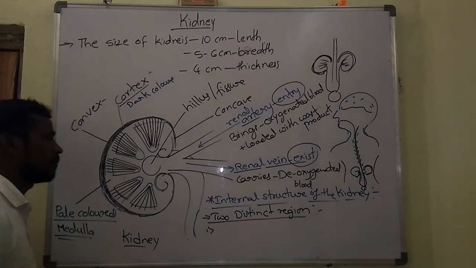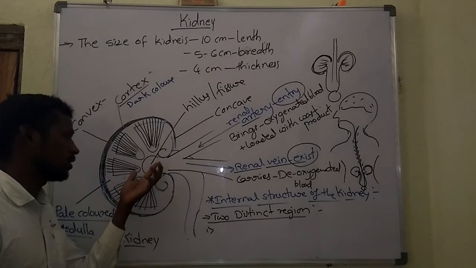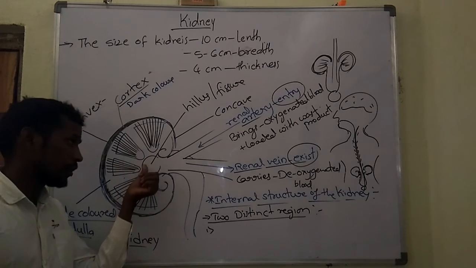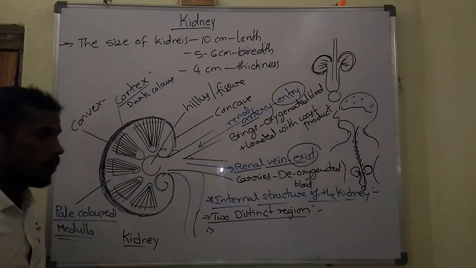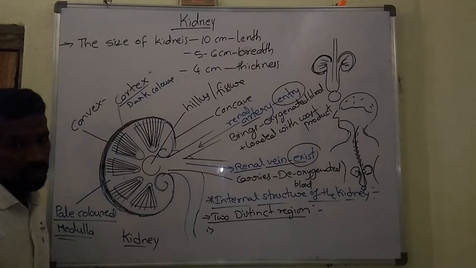Next, each kidney is made up of approximately more than 1 million tubular structures, and these tubular structures are the functional units.